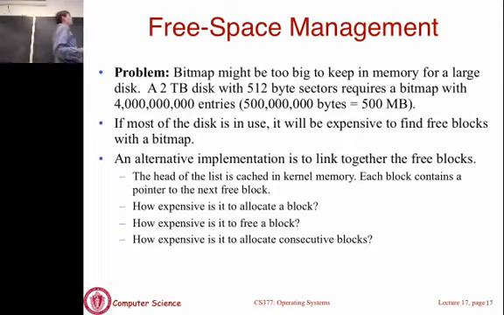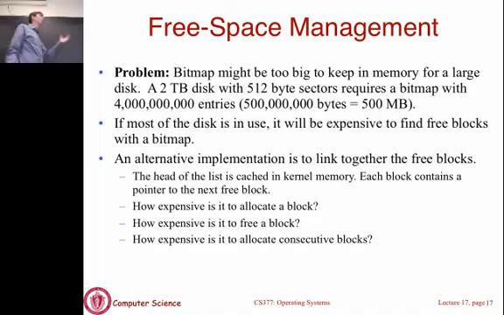If you consider something like a 2 terabyte disk and 512 byte sectors, your bitmap becomes very, very large, to the point where you might be using hundreds of megabytes just to store the bitmap. Furthermore, if your disk is very full and most of these bits are ones, you potentially have to go through a lot of the bitmap to find a 0 bit. So finding new blocks might become very expensive.